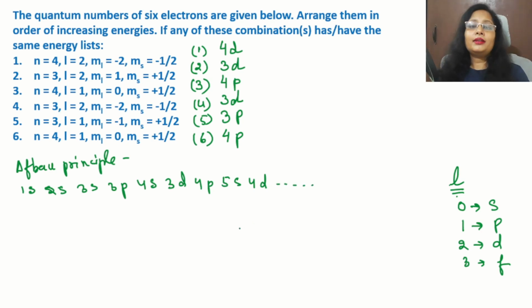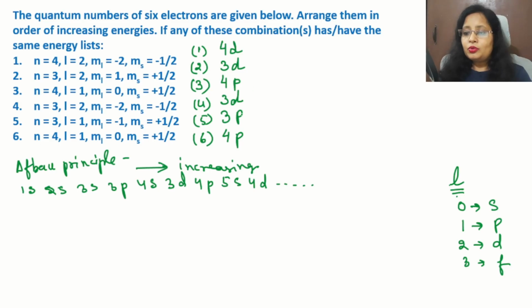This is the increasing order. So according to this we can arrange our given electron positions.